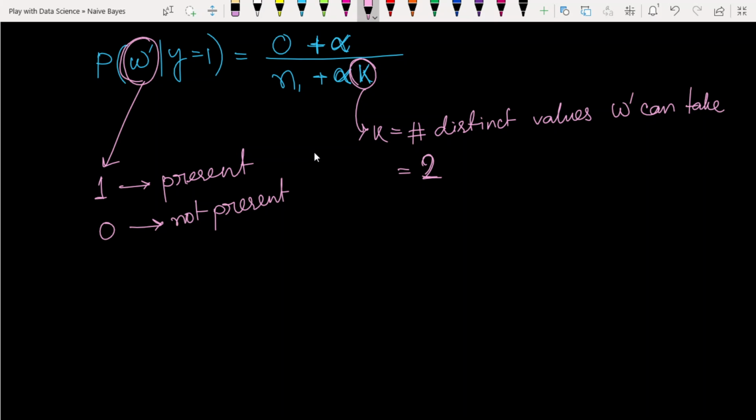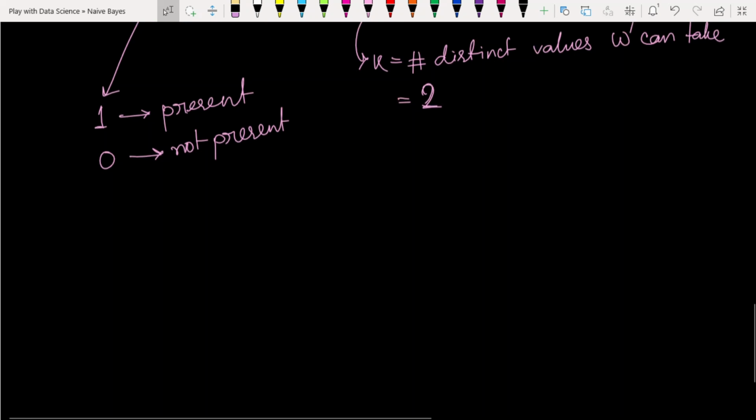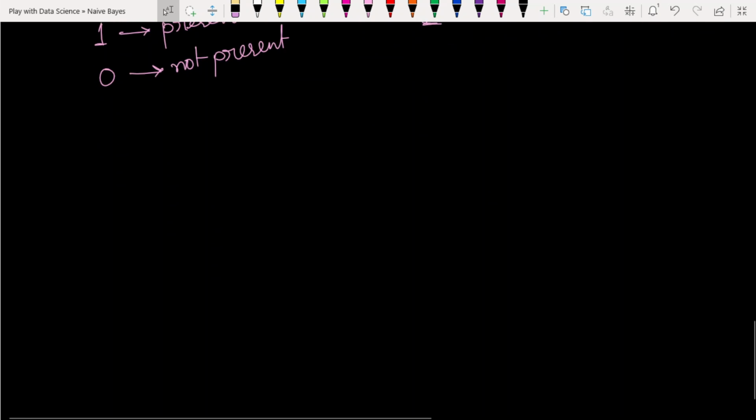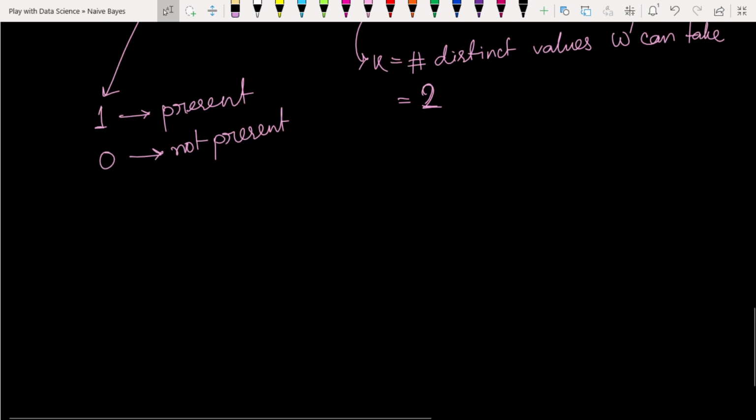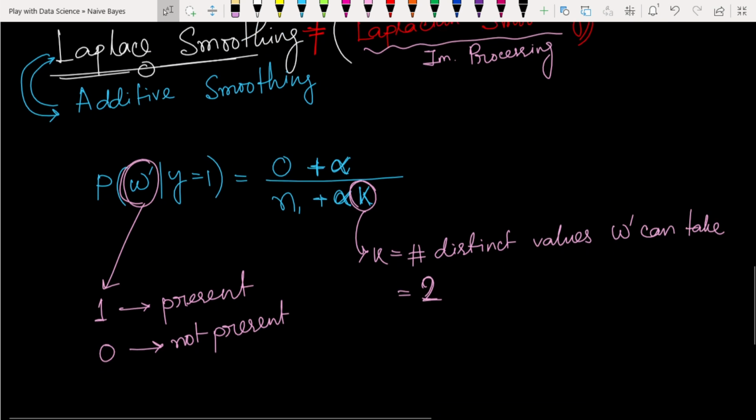I think up to this point you have understood everything. Now let's see the interpretation of alpha.